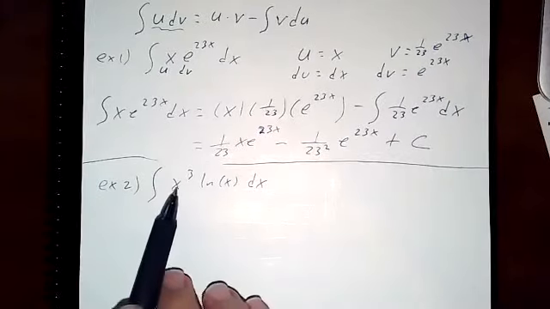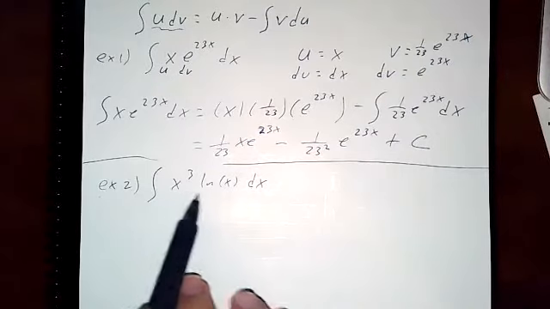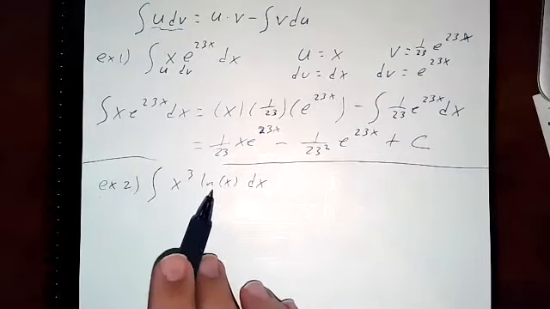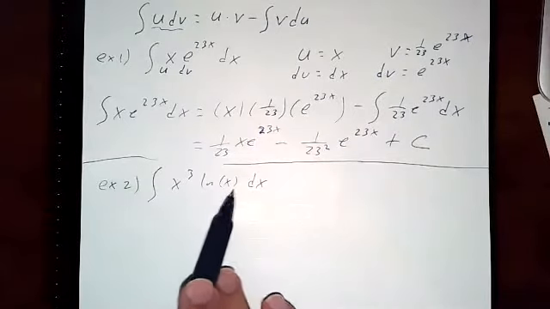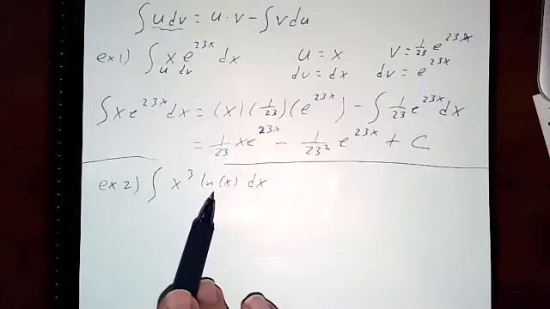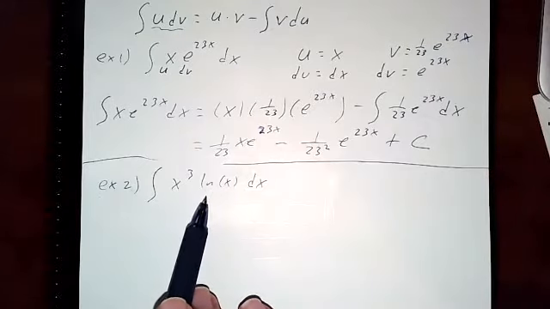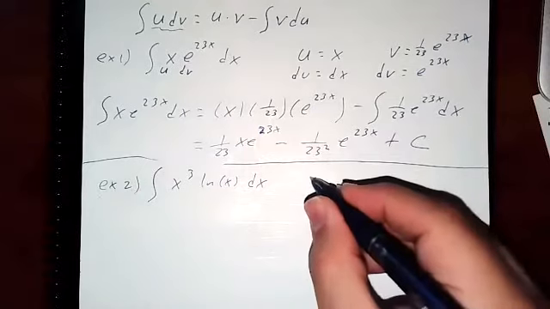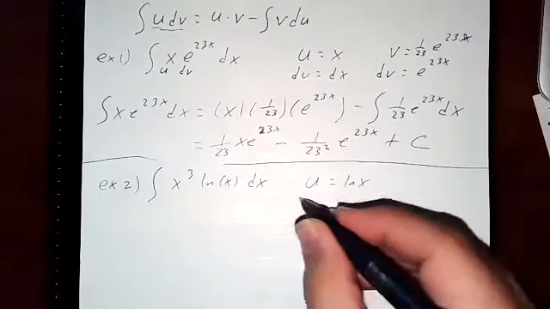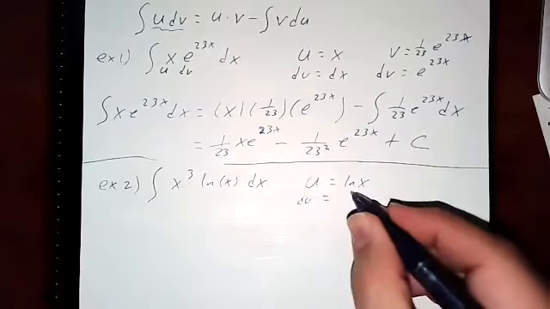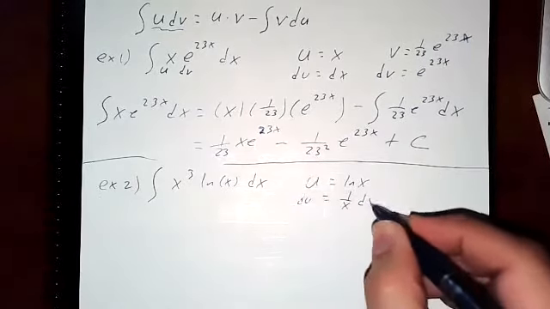But if I let this be u, this becomes dv, and I need to integrate it. Can you integrate ln x easily? The integral of ln x would technically be a by parts. So we're going to choose u to be ln x for that reason, because the derivative is easy, just 1 over x dx.